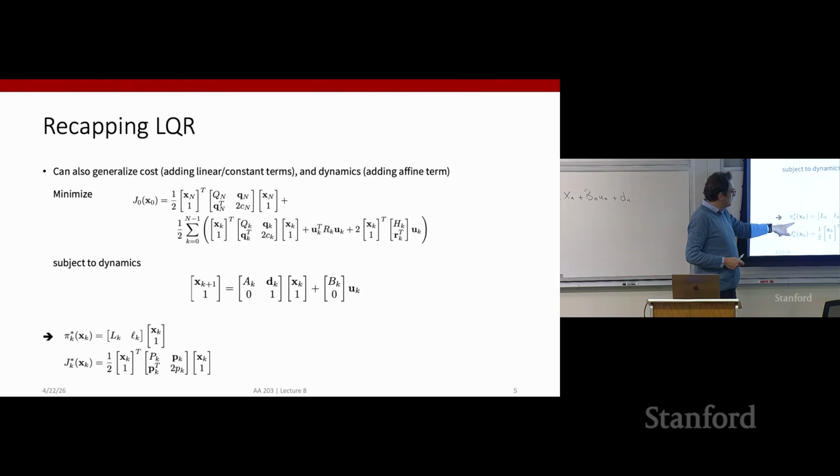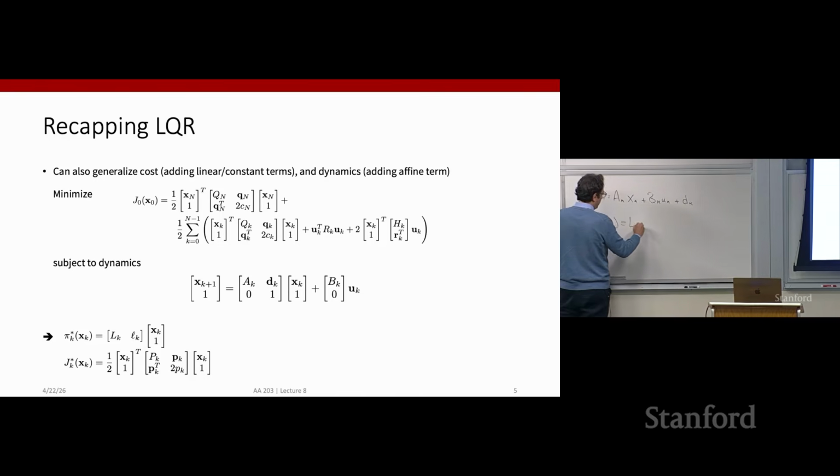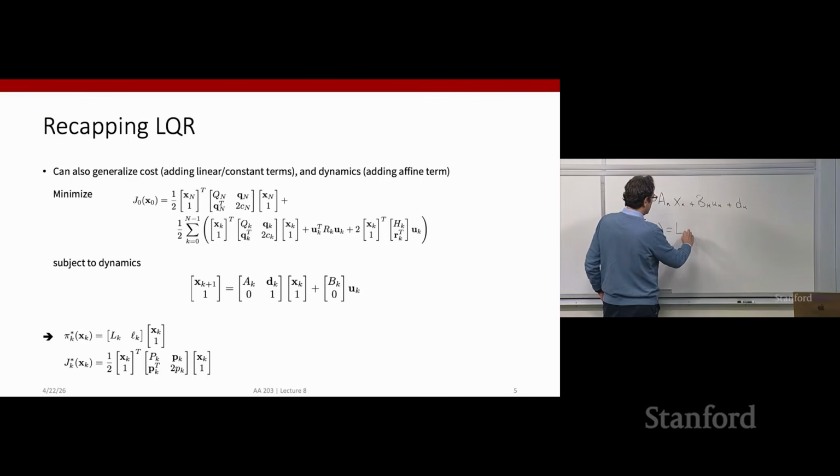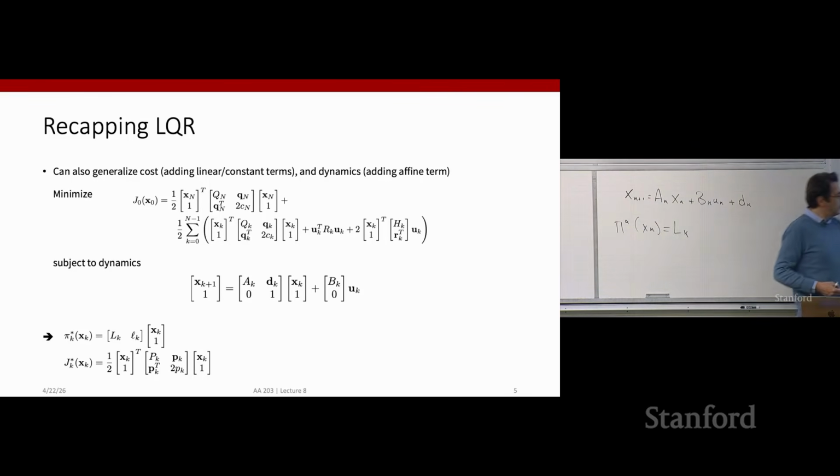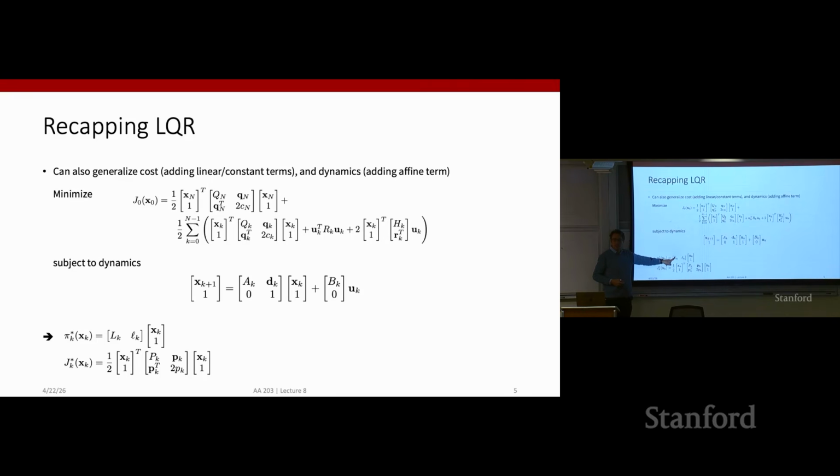And what you will get is that the optimal control policy now is a little bit different. It still entails linear feedback on the state. For example, to your point, this thing here in the previous lecture was called FK. So yeah, sorry for the mix-up.